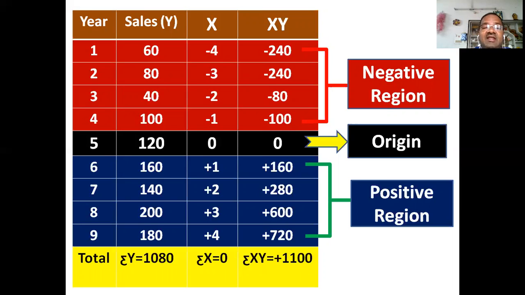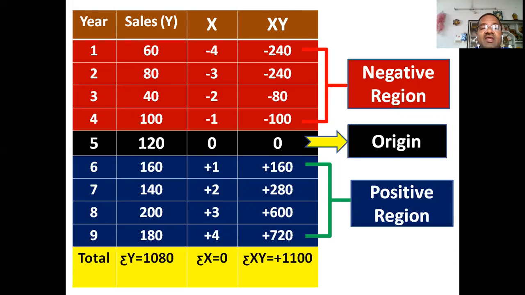The 5th year is identified as the center year, and that becomes the origin. Then from the 5th year onward, the years that come, that is 6th, 7th, 8th and 9th, will be treated as the positive region. Just look at the slide, how I made it. And the years above the origin year will be treated as the negative region.